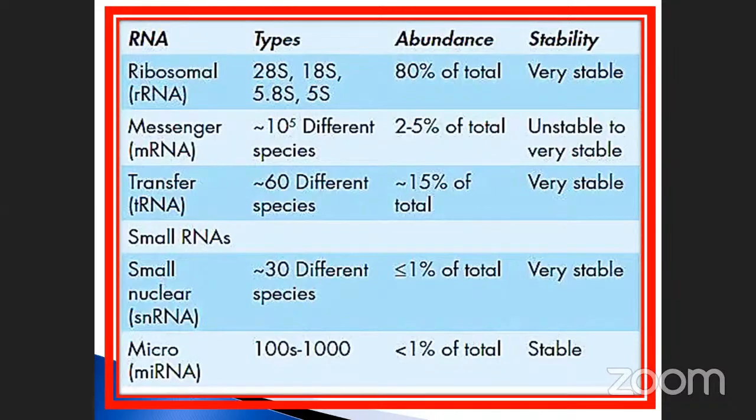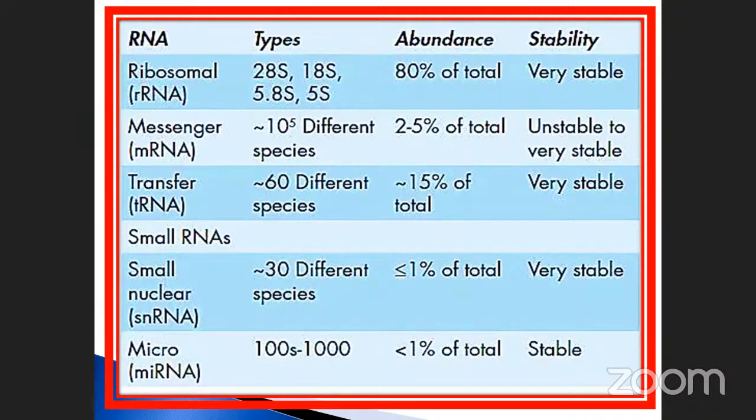And these are all small RNAs. Some small RNAs have been reported: small nuclear RNAs, denoted as snRNAs. This also has 30 different species, but it is about 1% or more of the total. It is also very stable. miRNA, microRNA, has hundreds to 1000 species.